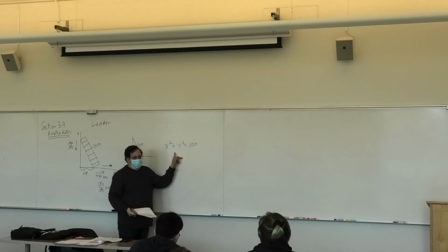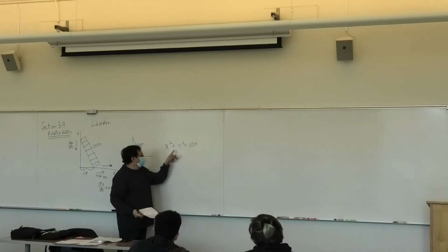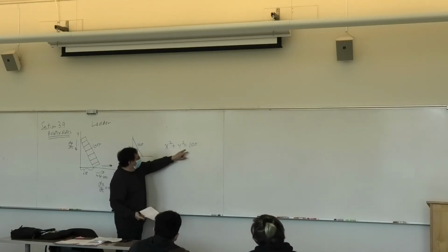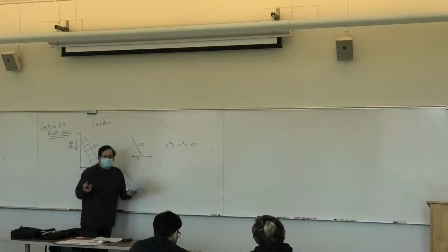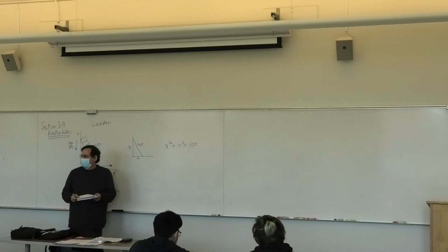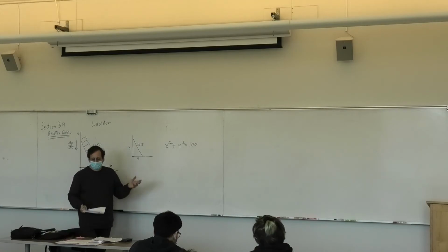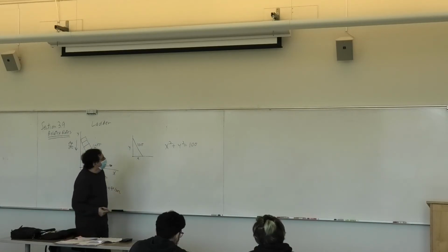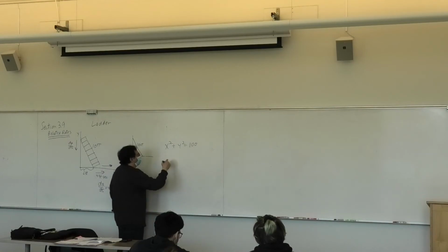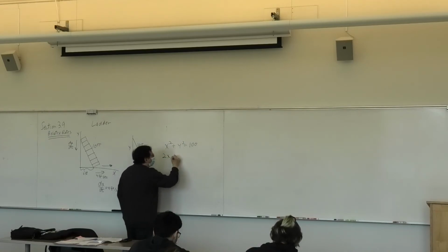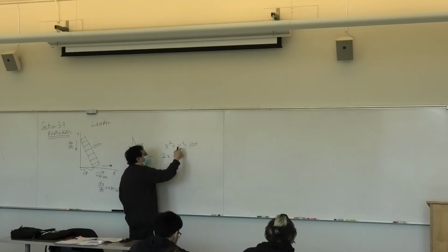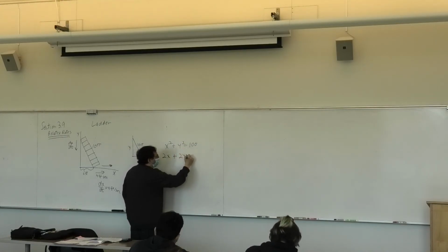Well, we've seen something like this before, where you want to find dy/dt, but it's not a function. We're just going to use implicit differentiation, with all those tools becoming useful. So find the derivative with respect to x. This is 2x. The derivative with respect to x of y squared is 2y y prime.